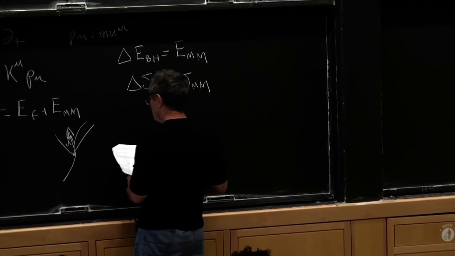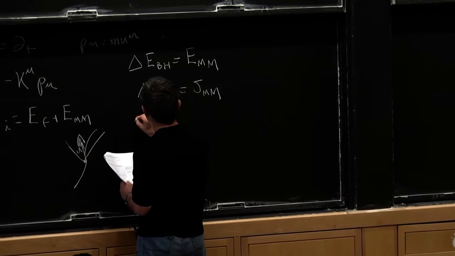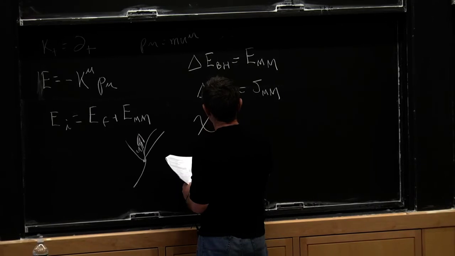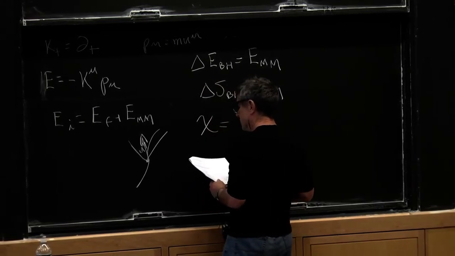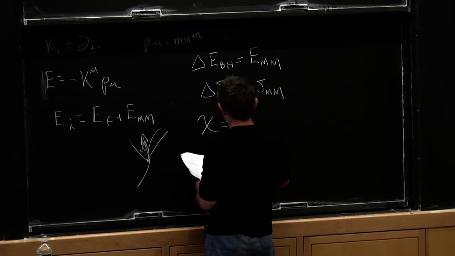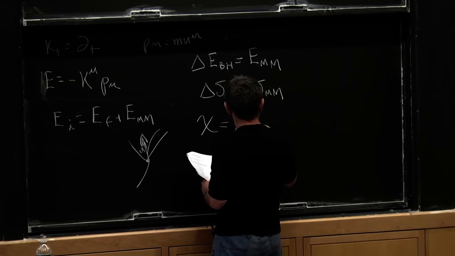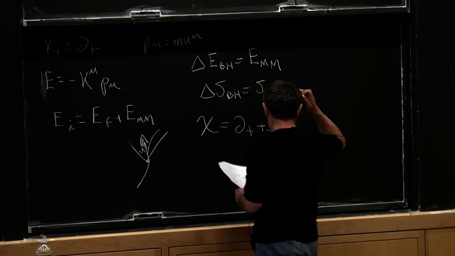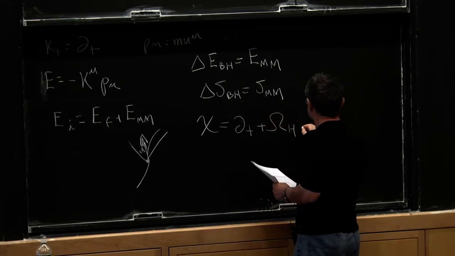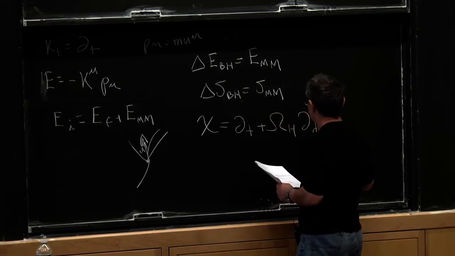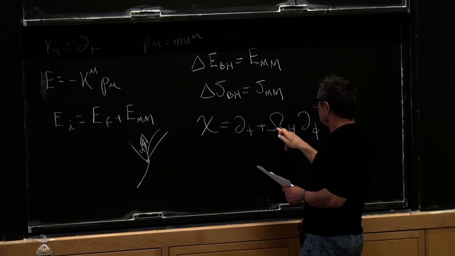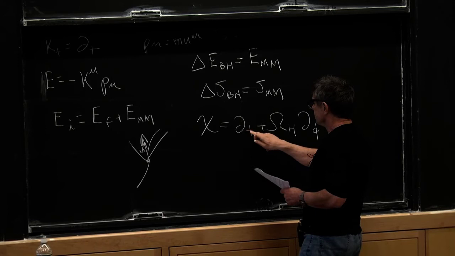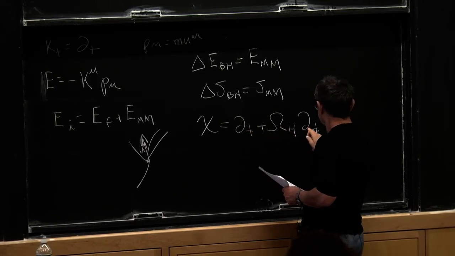And it involves use of what's called the null generator of the horizon, which is given by chi. It's a vector field on the Kerr spacetime, which is a linear combination of d by dt and d by d phi, with a constant which I'm going to tell you in a minute.